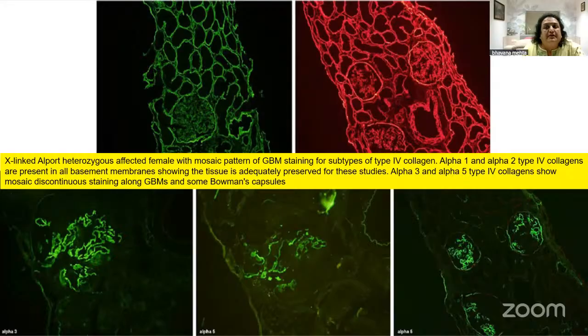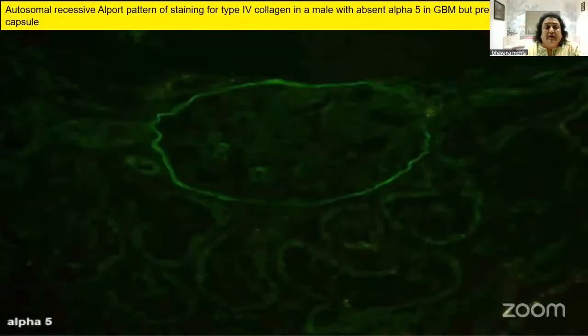However, alpha 1 and alpha 2 type 4 collagens show a normal pattern. If there is a defect in the alpha 5 type 4 collagen, then there will be total absence of staining in the glomerular basement membranes, but the Bowman's capsule still shows the staining.